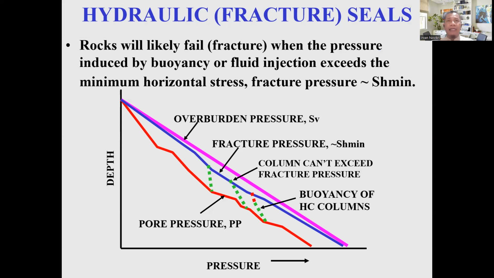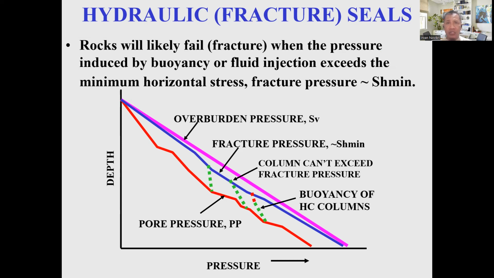Next, hydraulic fracture in shales refers to a phenomenon where the rocks are prone to breaking or fracturing when the pressure caused by buoyancy or fluid injection surpasses the minimum horizontal stress, known as fracture pressure or SH min. This pressure can be influenced by pore pressure, buoyancy of the hydrocarbon column, and the overburden pressure or SV.